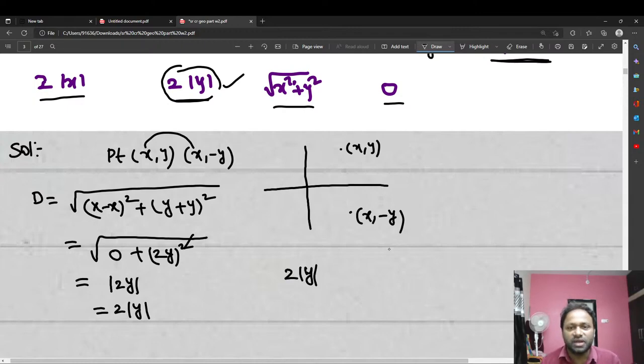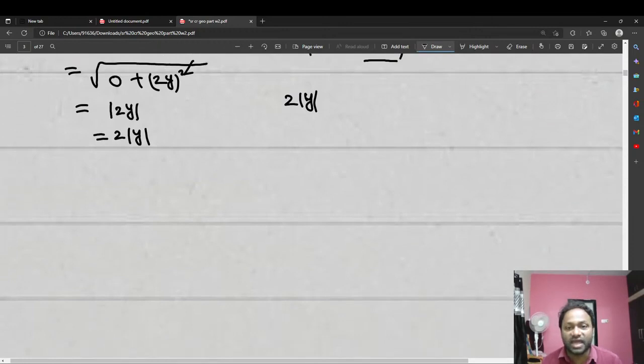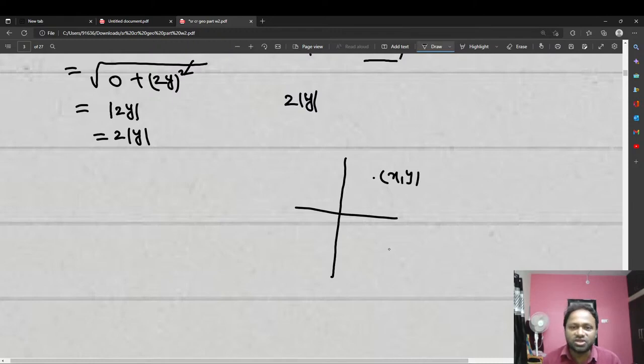Right. So that is the distance from the point to its image in x-axis. The same question will be given in another way also. What is the distance of the point to its image in y-axis? See this, I have taken it like this. The ordered pair is x comma y. Okay. Here, the image of the point in y-axis will be like this.